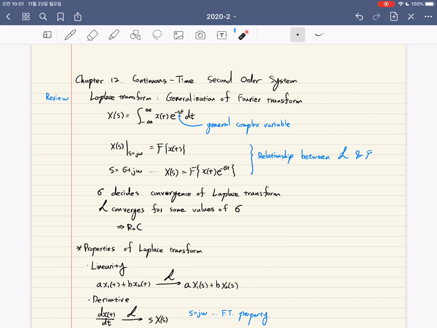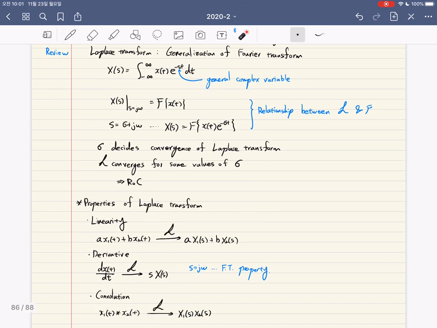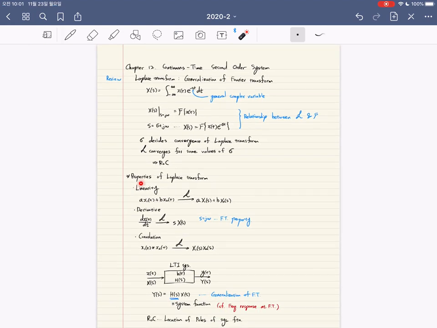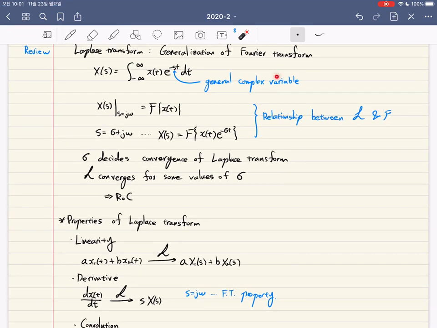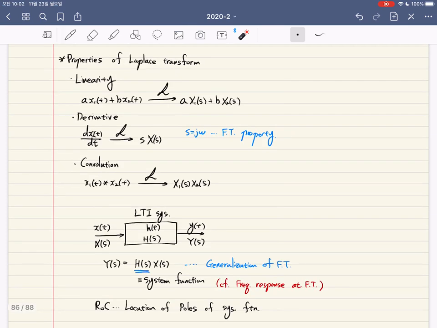The chapter's title is second order system, but we mainly focused on the properties of the Laplace transform in the previous lecture. So this was just a review of the preliminary stuff, and we went over the properties which include linearity, of course, and the derivative.